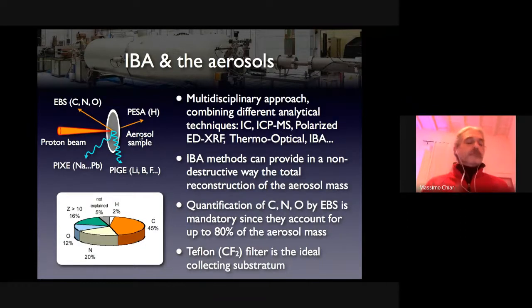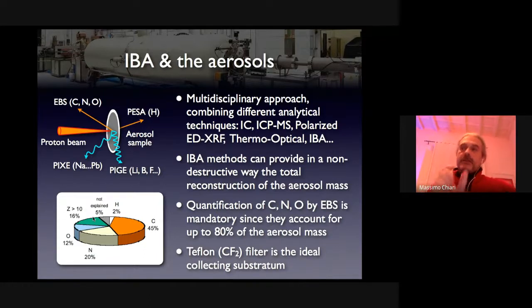Okay, most of the examples I've given to you are for PIXE. But if you look at the average and ideal composition of the aerosols, most of the mass is made by carbon, nitrogen, and oxygen. If you look at the fraction of the mass that can be probed by PIXE, so, for example, elements from sodium on, it's just less than 20%.